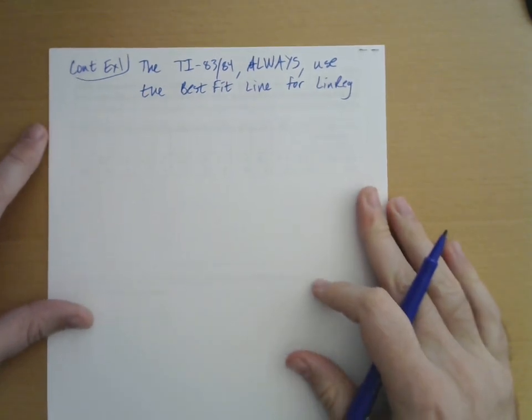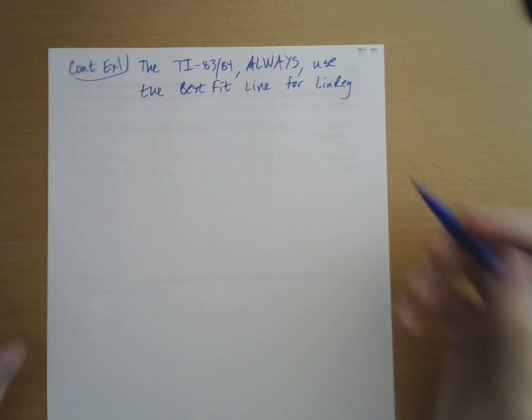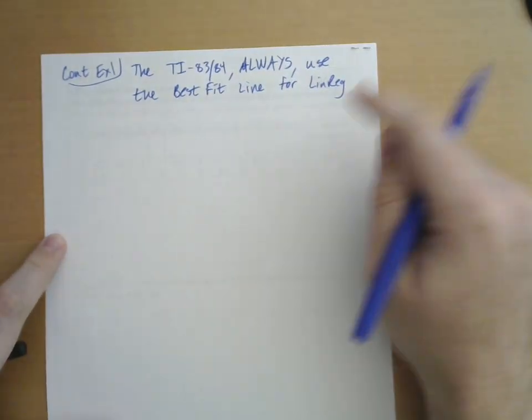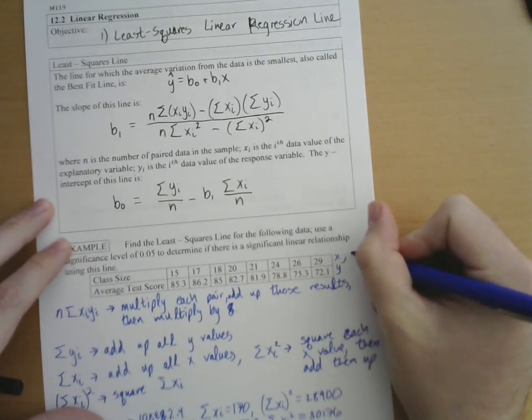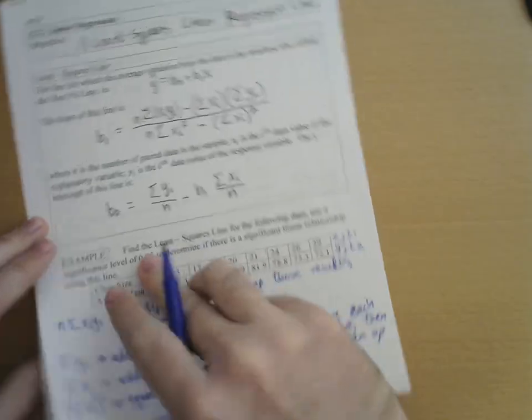So that's the LinReg option that we were doing in the last section. That means that we can punch in our data. So this would be list 1, this would be list 2 into the calculators.